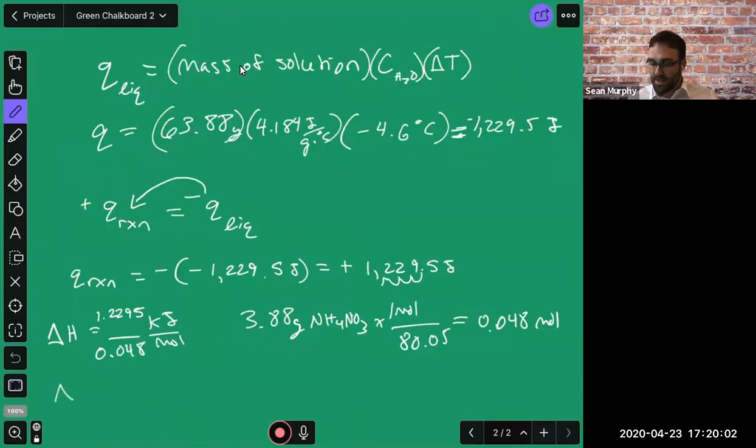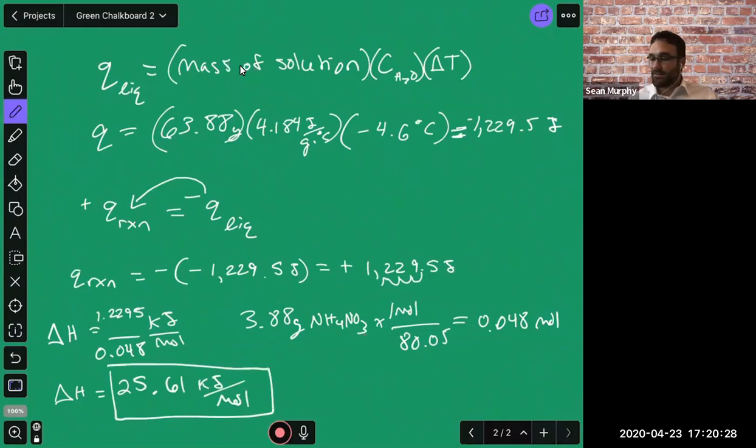So our delta H, get your calculator out, should be 1.2295 divided by 0.048. Therefore, it should be 25.61 kilojoules per mole.